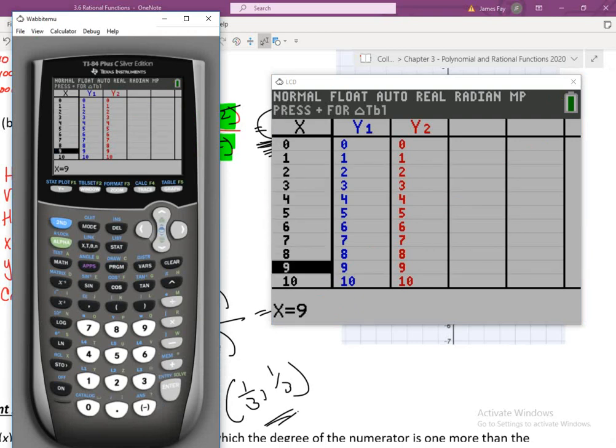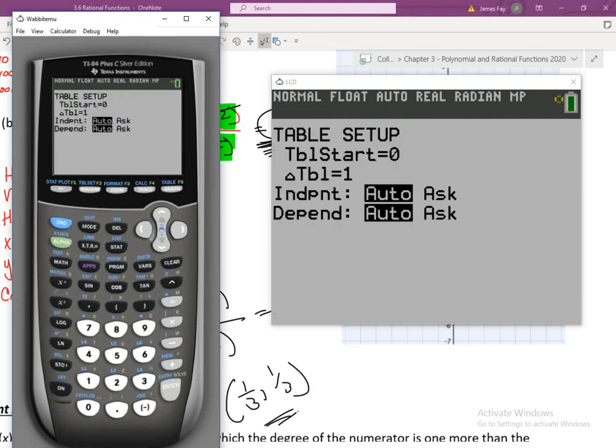No. Okay, because my x variable, my independent variable, skips over a third, right? So what I need to do to address that is go to second, and then this key right here, it says window, which when you hit second, it takes you to what we call our table setup, which is basically setting up those x values.